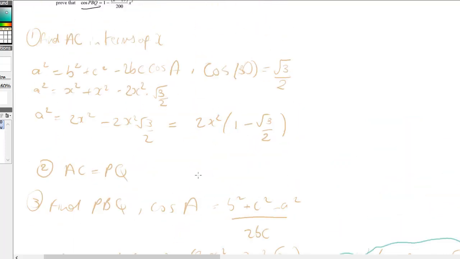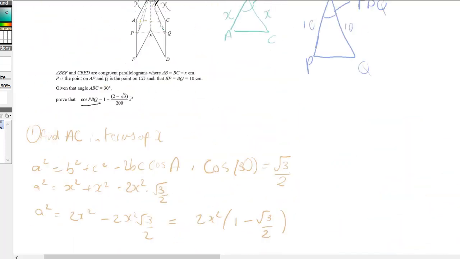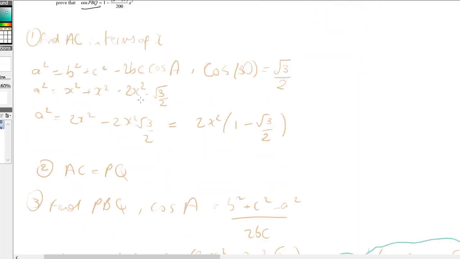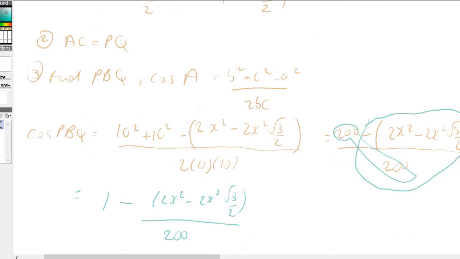Brilliant. So let's compare that to what we want here. And then the x squared is outside. So x squared goes outside. So 1 minus, and then we said 2x squared. Now the other thing is we can cancel these two here. Square root of 3.